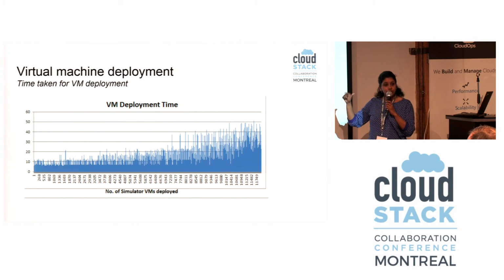The spikes that you see very often are because every new network is going to launch 2 routers. This is an RVR setup. So the spikes are because the couple of virtual routers take longer to deploy.